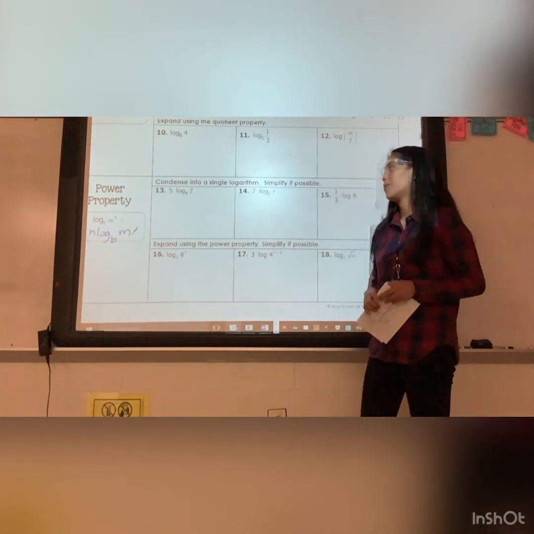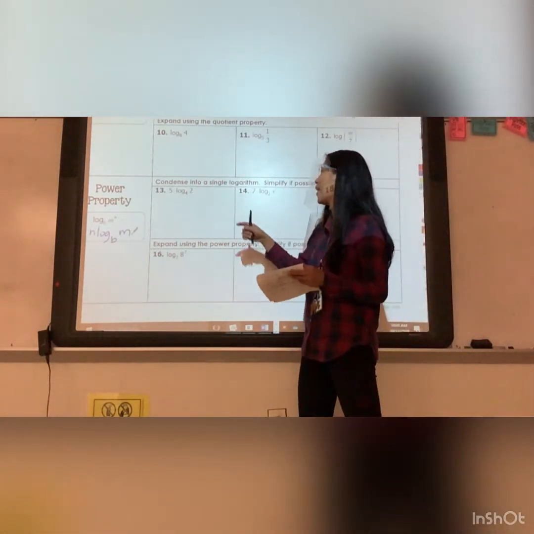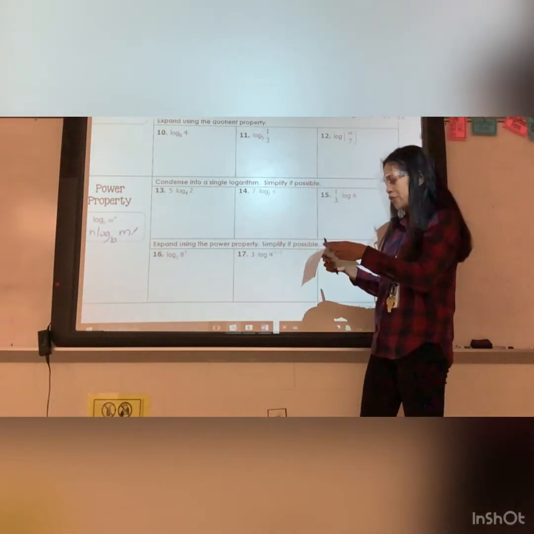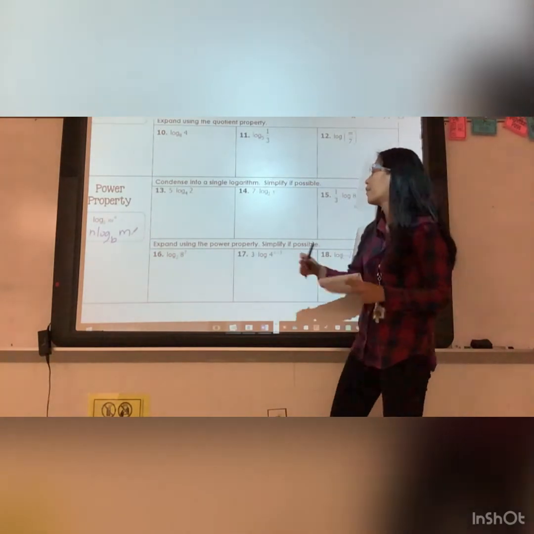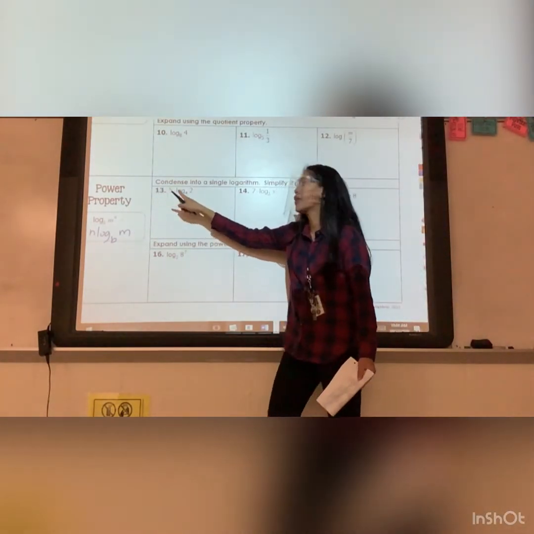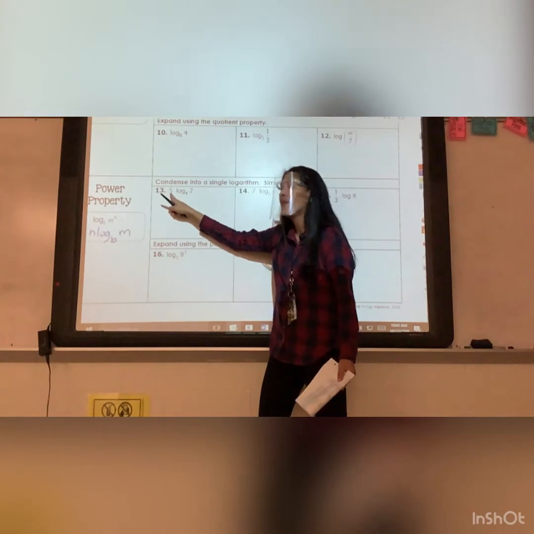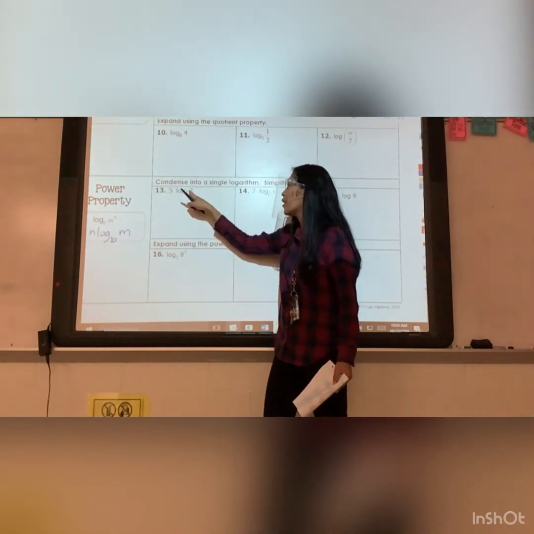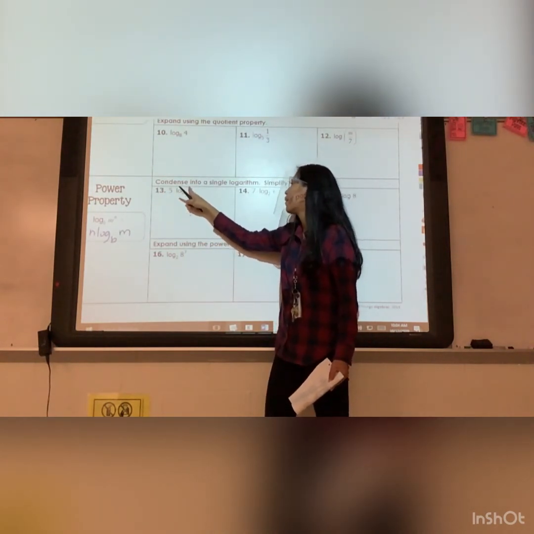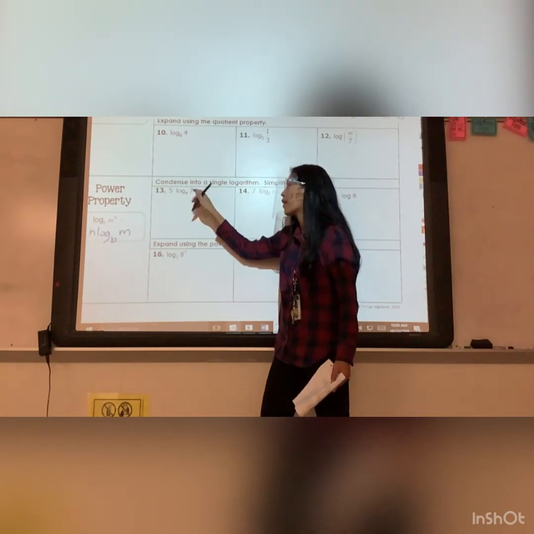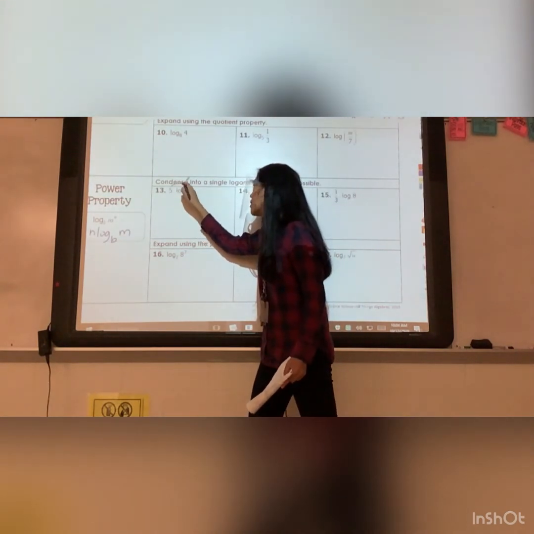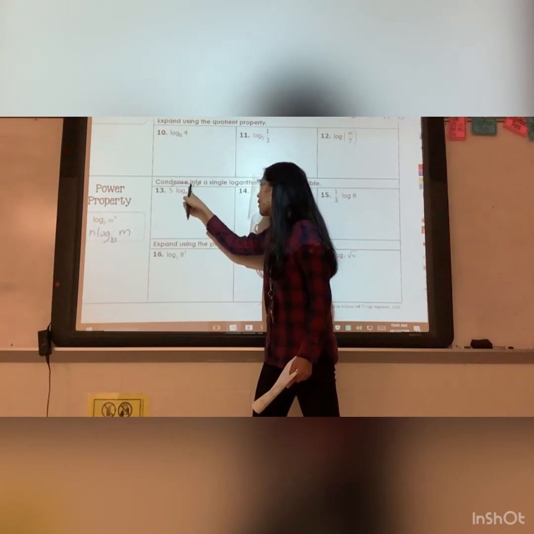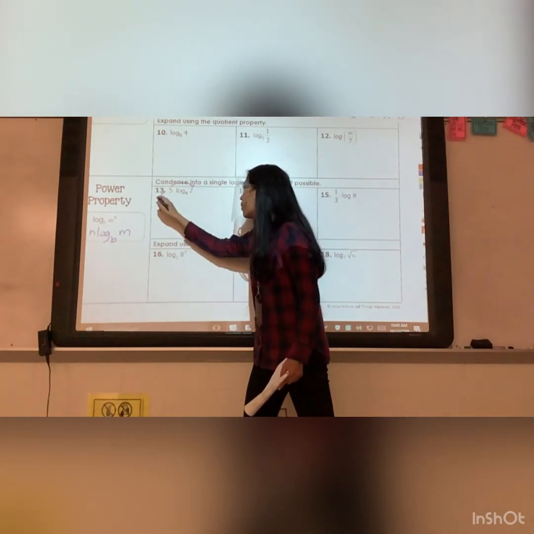Let's have an application. In here, you have to condense into a single logarithm. This is the number, okay? Whatever number you have here will be the exponent of your number here, or term here. Again, you put this as an exponent for this. So the arrangement will be like this.